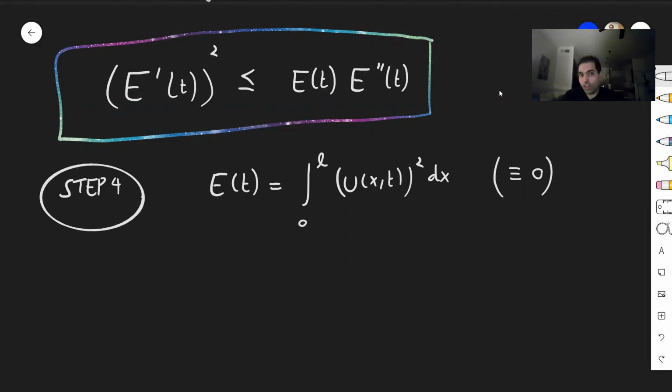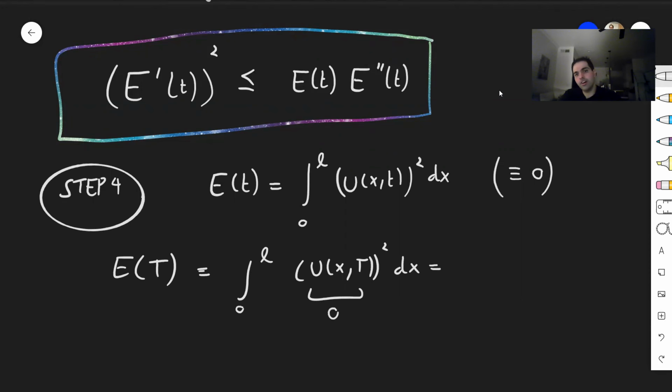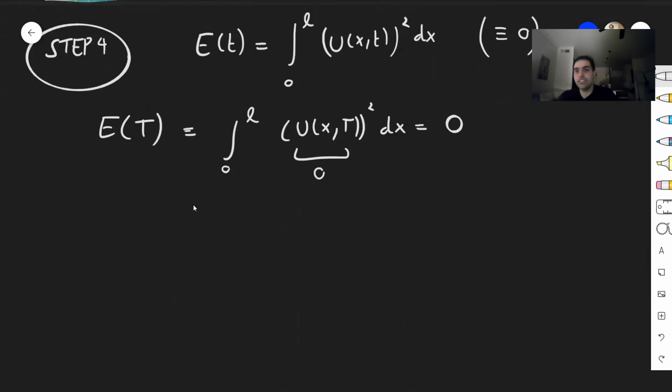In particular, one thing to notice is that we still have not used the terminal condition. But now notice E at the terminal time is the integral from 0 to L of u(x,T) squared dx. But this is 0, and therefore at the terminal time, E is 0. So if this is capital T, E is 0 there.